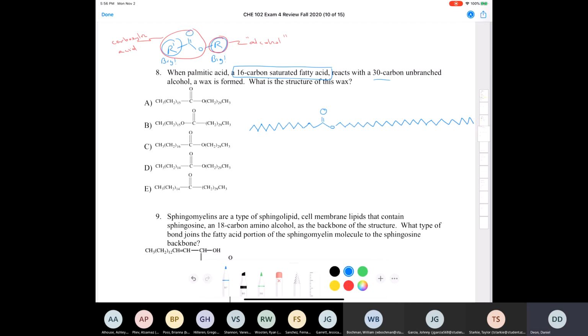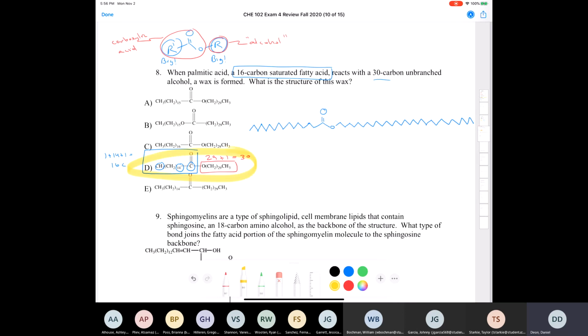The answer is D. And the reason why is because from our carboxylic acid portion, it's got to have a total of 16 carbons. Look, you've got 1, 14, and 1. You take 1 plus 14 plus 1, that equals 16 carbons. From the alcohol side, you've got 29, and then you've got a methyl group. So that equals 30. And so the correct answer is D.